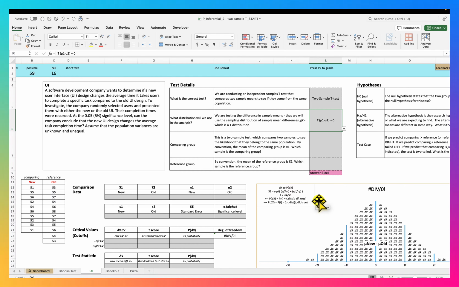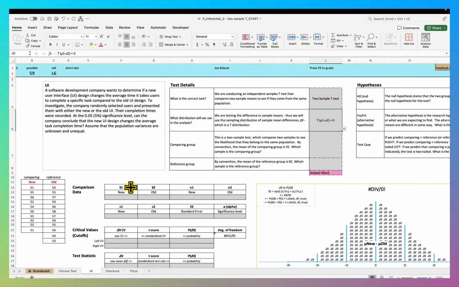Okay, this is a two-sample test, which compares two samples to see the likelihood that they belong to the same population. By convention, the mean of the comparing group is called x bar 1. Which sample is the comparing group? In other words, which one is x bar 1?